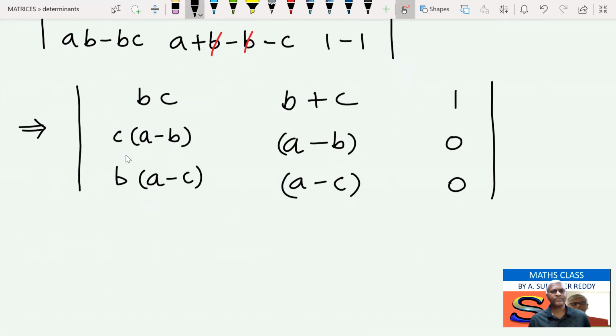From R2, A minus B, 0 can be written as 0 into A minus B. So A minus B is a factor in all three elements of the second row.